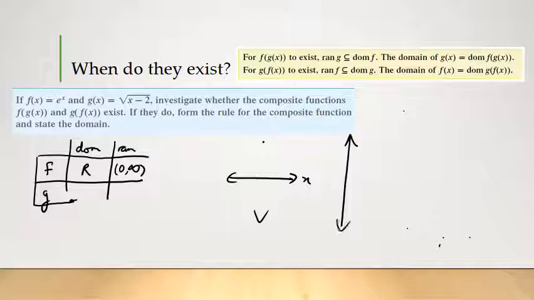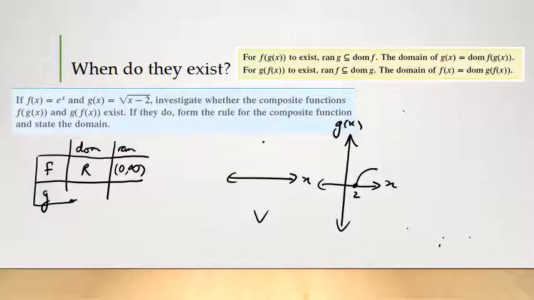And then g of x is the square root of x minus 2, so it's here. It's a square root function, like that.